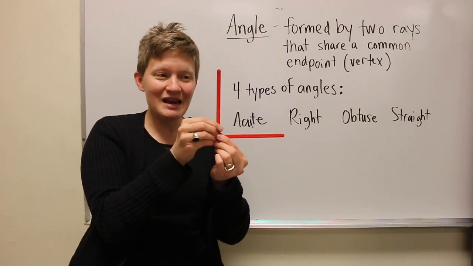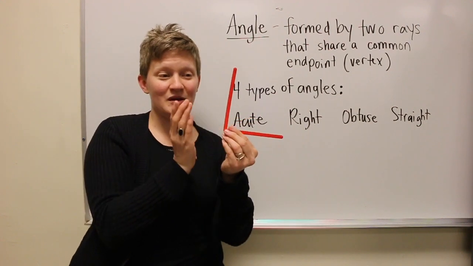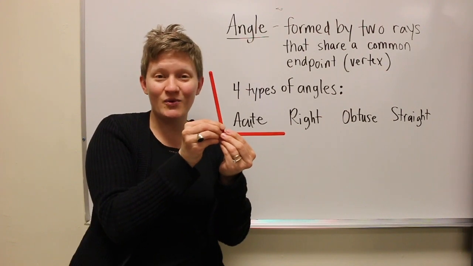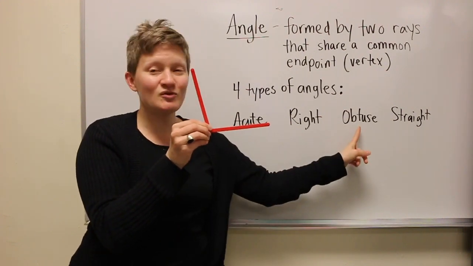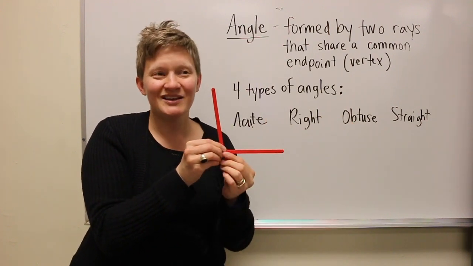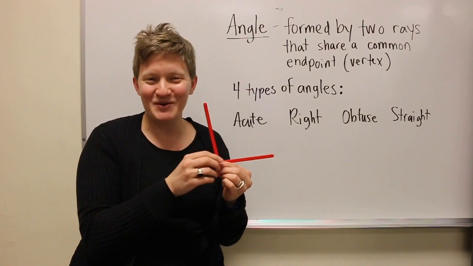All right, so anything past a right angle, opened up even more, as soon as it's 1 degree more, like 91, is called an obtuse angle. Those are going to be the bigger angle measurements. So I always say a big obtuse angle like that to remind you what it means.